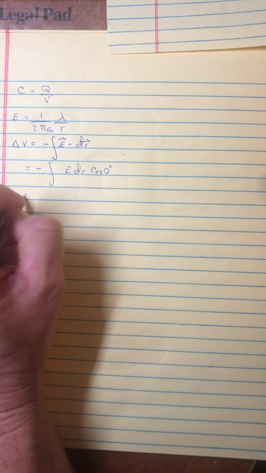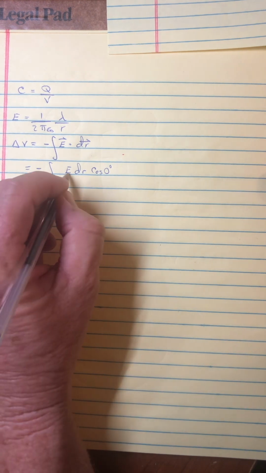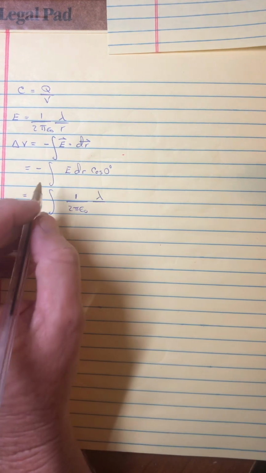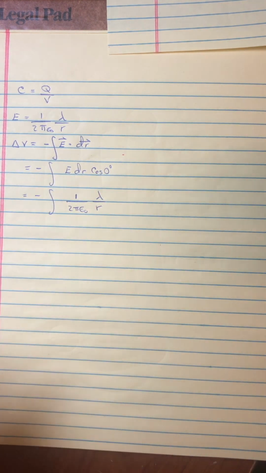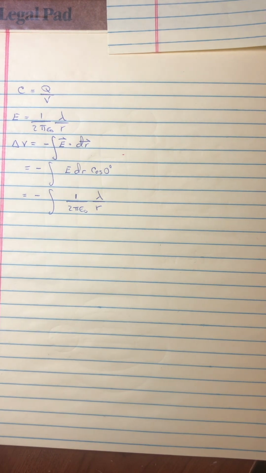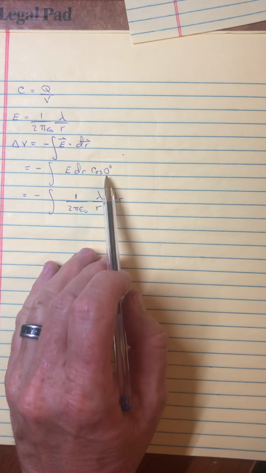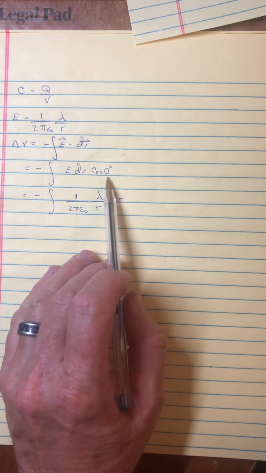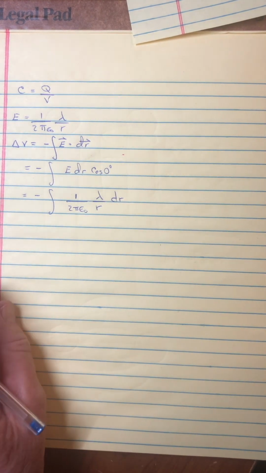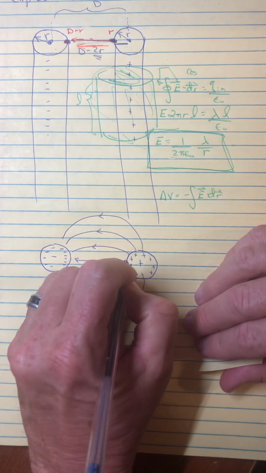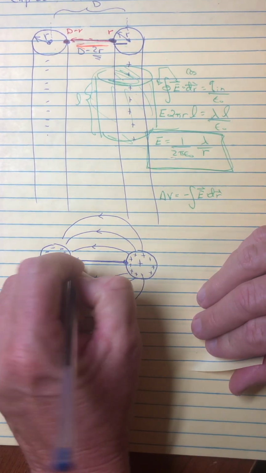And of course, I'm going to also use the equation for the electric field, the 1 over 2 pi epsilon naught, and then the linear charge density over the radius, and then the dr. But of course, I picked this path because it is at an angle of 0. Or coming back to this picture, you might say, what I'm really doing is picking right across the center line.